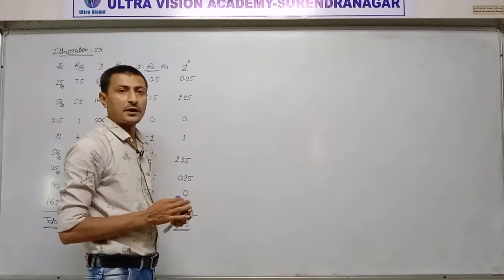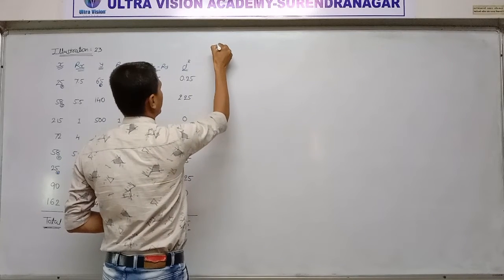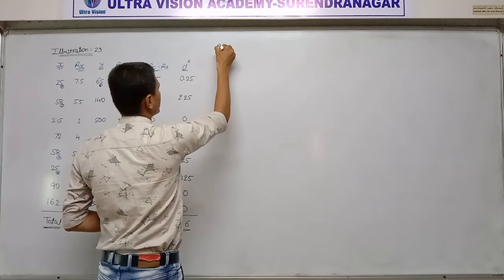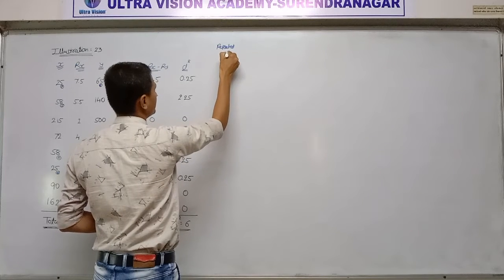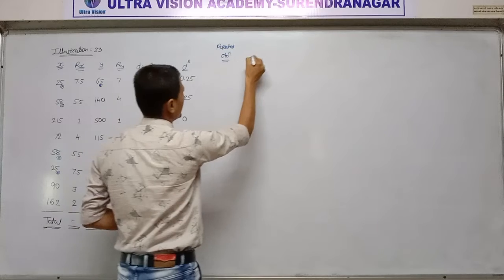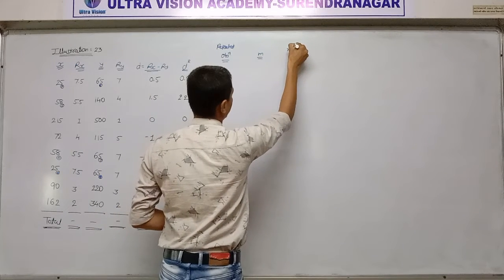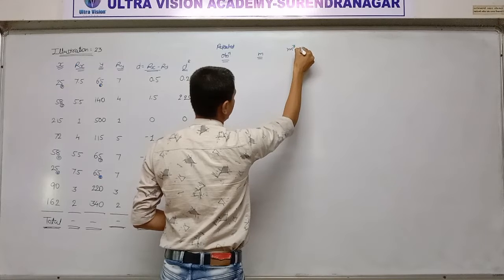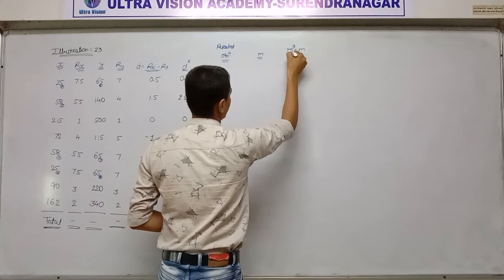Now next, for repeated observations we make a correction factor table: repeated observation, number of times, and m cube minus m divided by 12.